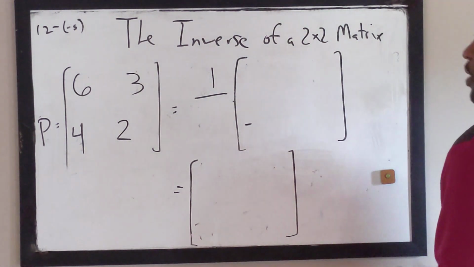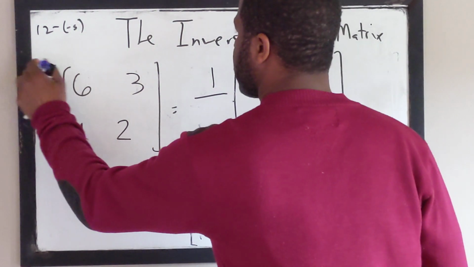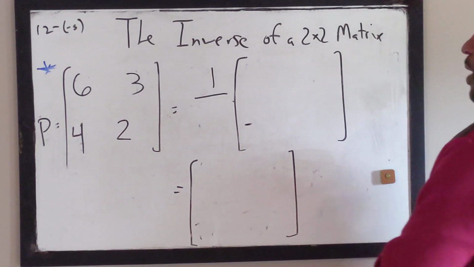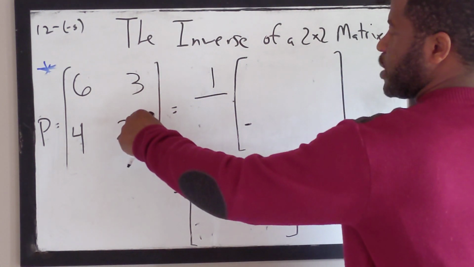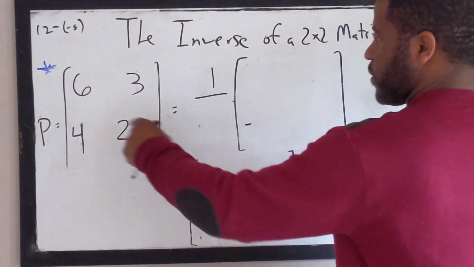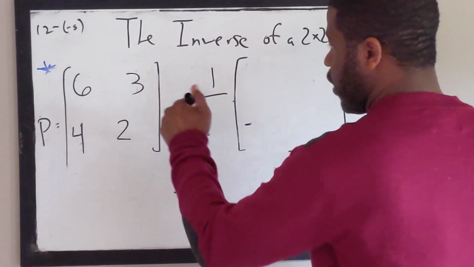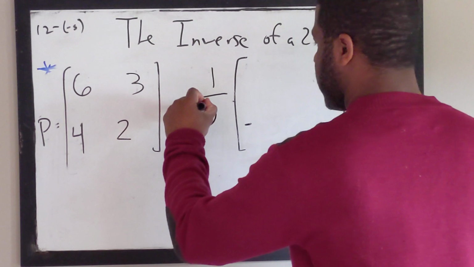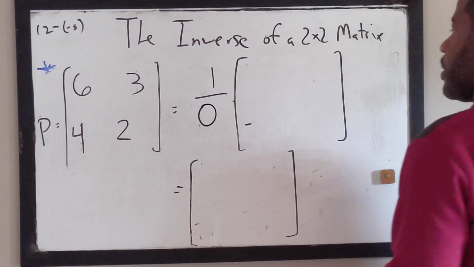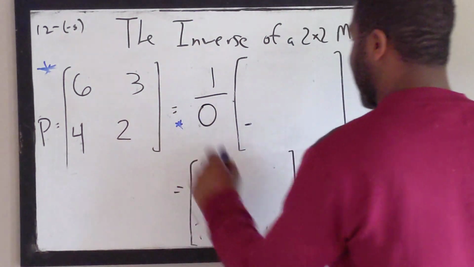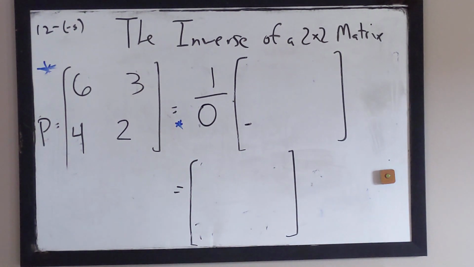This is something that we have to really watch. We have to find the determinant. 6 times 4 is 24 minus 3 times 2, which is 6.